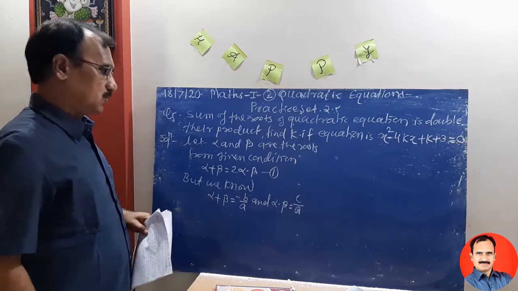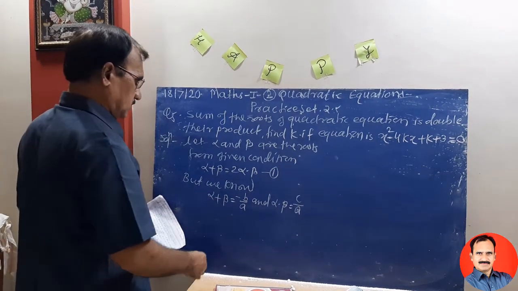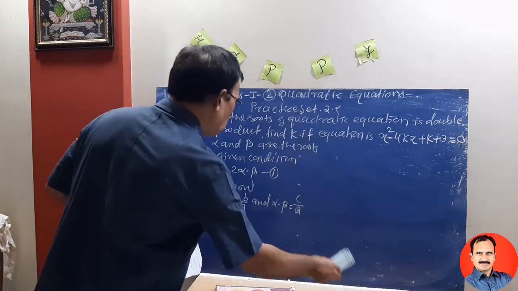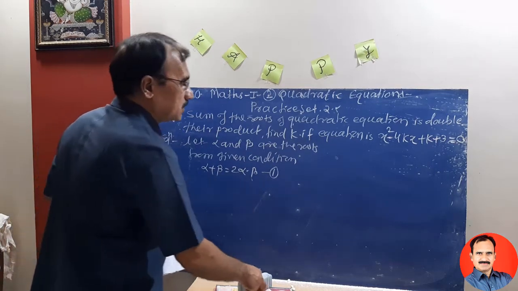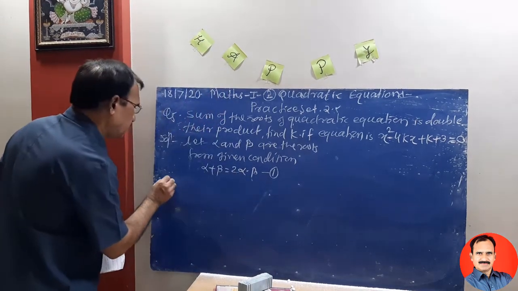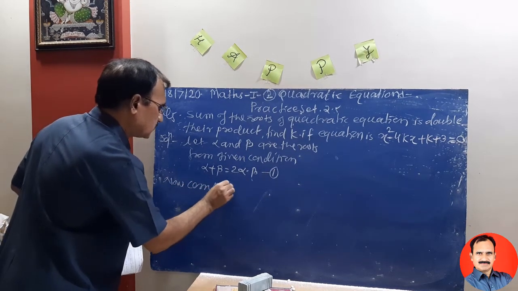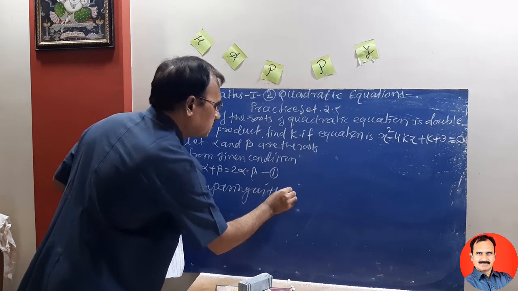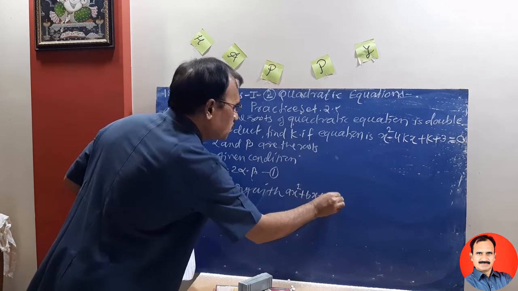This is the relation between roots and coefficients. Before that, we want to write the values of a, b, c. Now comparing with ax square plus bx plus c is equal to 0.